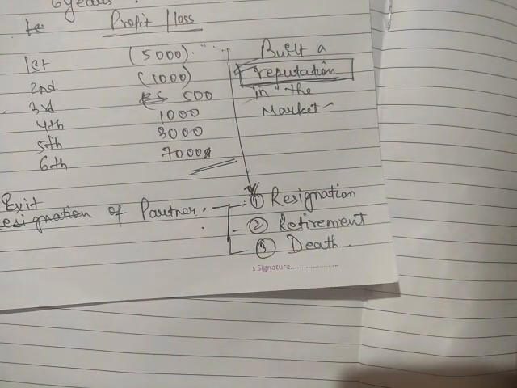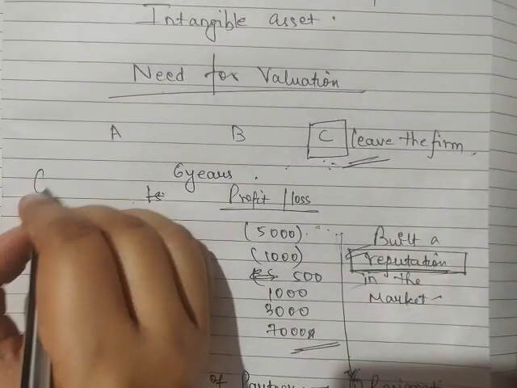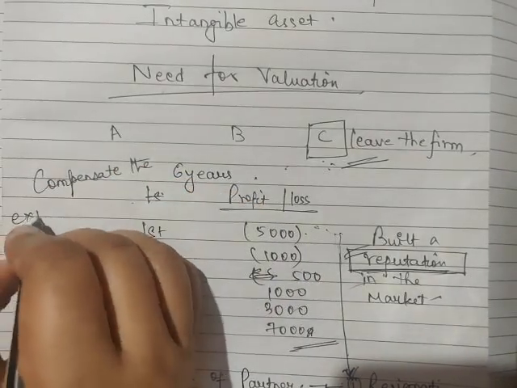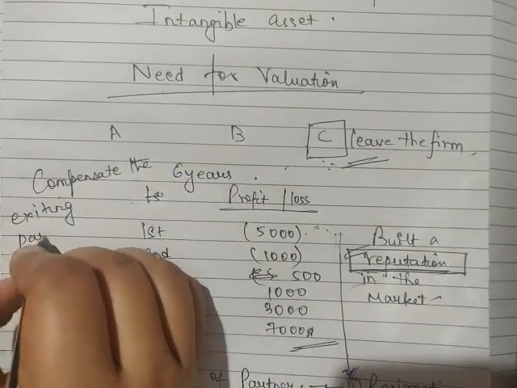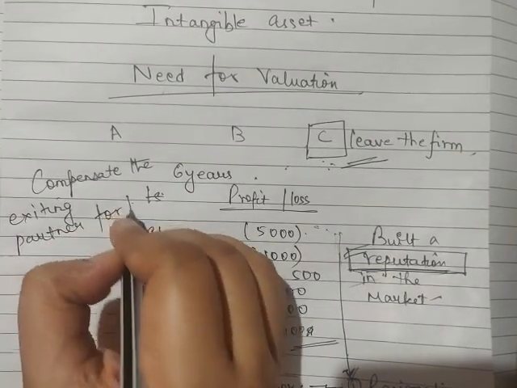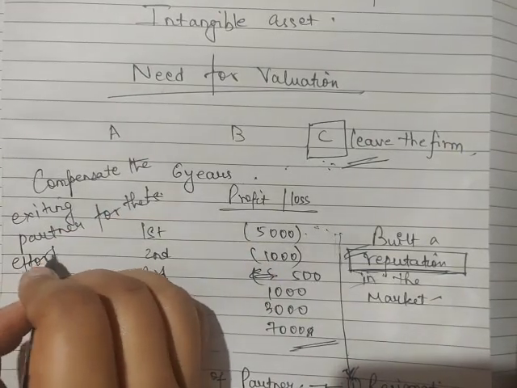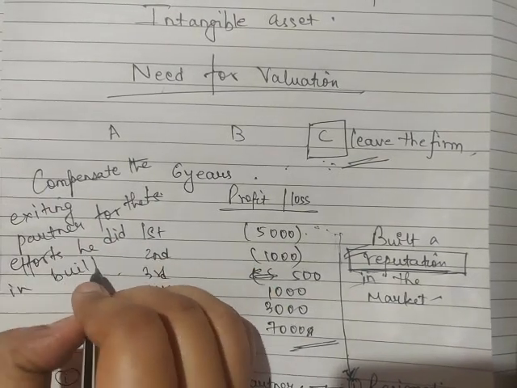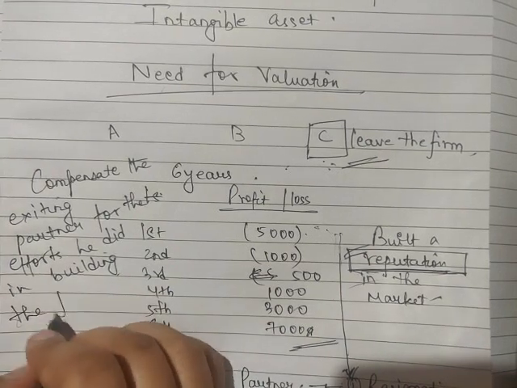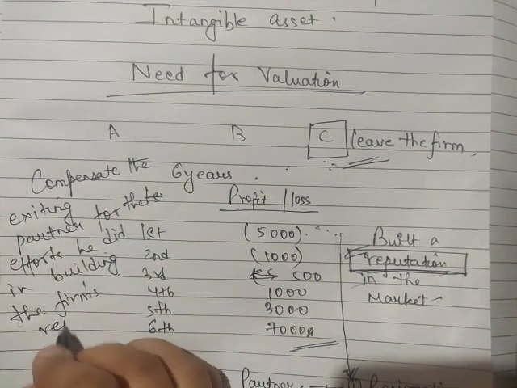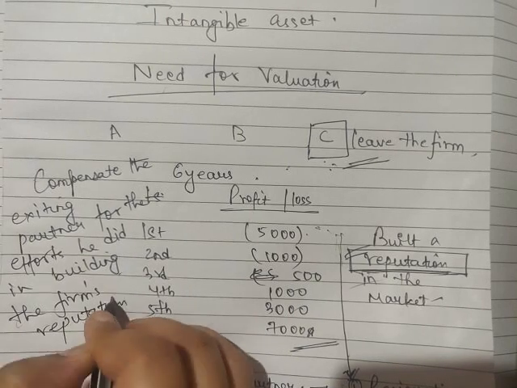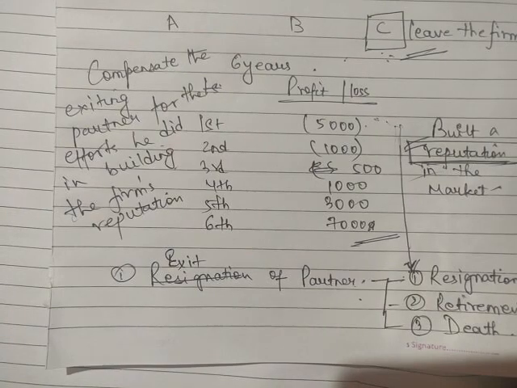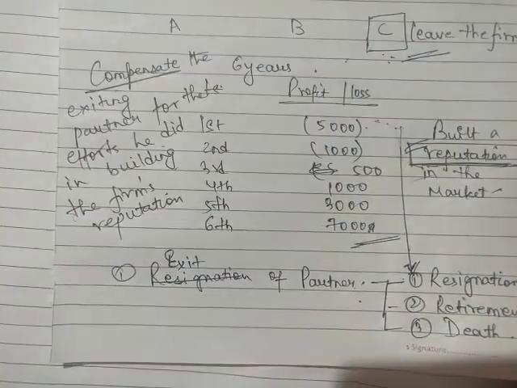So basically, we value it to compensate the exiting partner for the efforts he did in building the firm's reputation as he will not be able to benefit from it in the future. So it is a compensation.